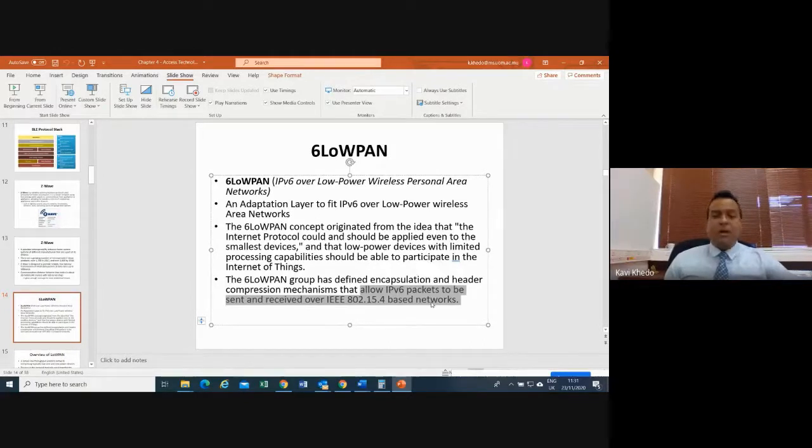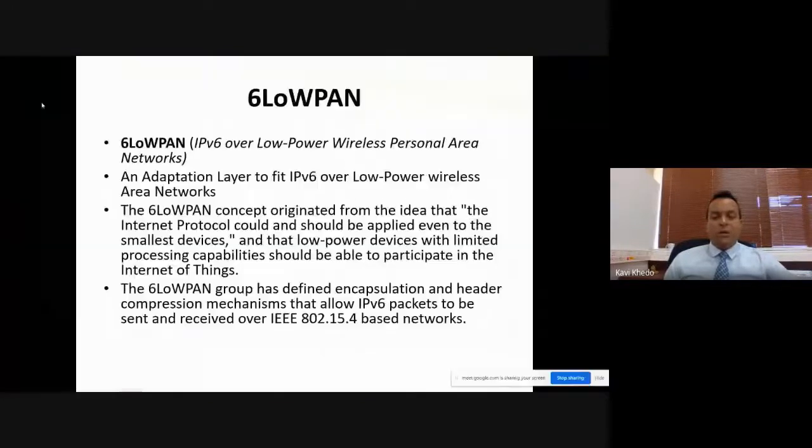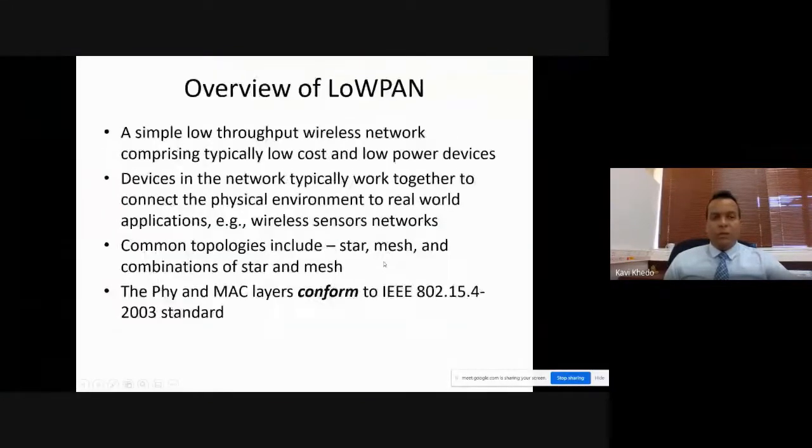The packets are different, and we have implemented 6LoWPAN in order to convert between these packet formats and IP. This is the adaptation layer doing it. As we proceed, it will become clearer.